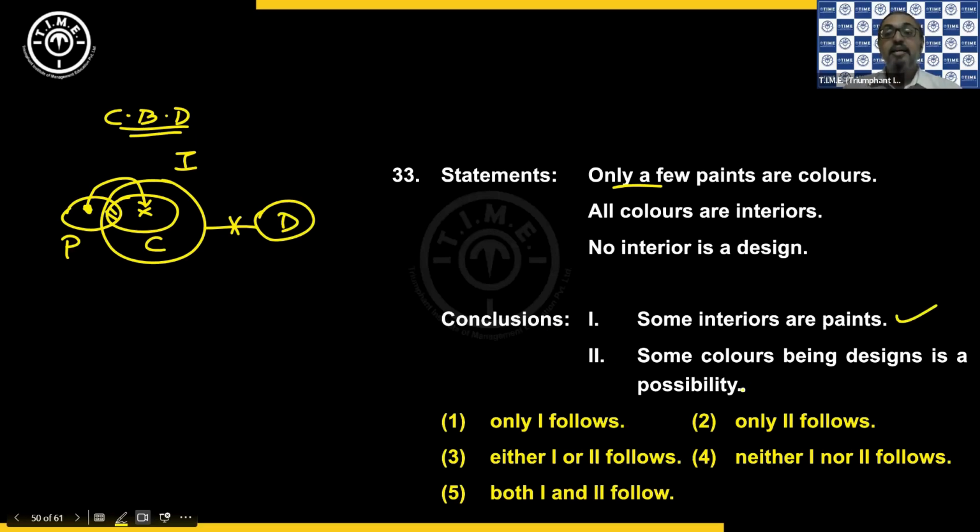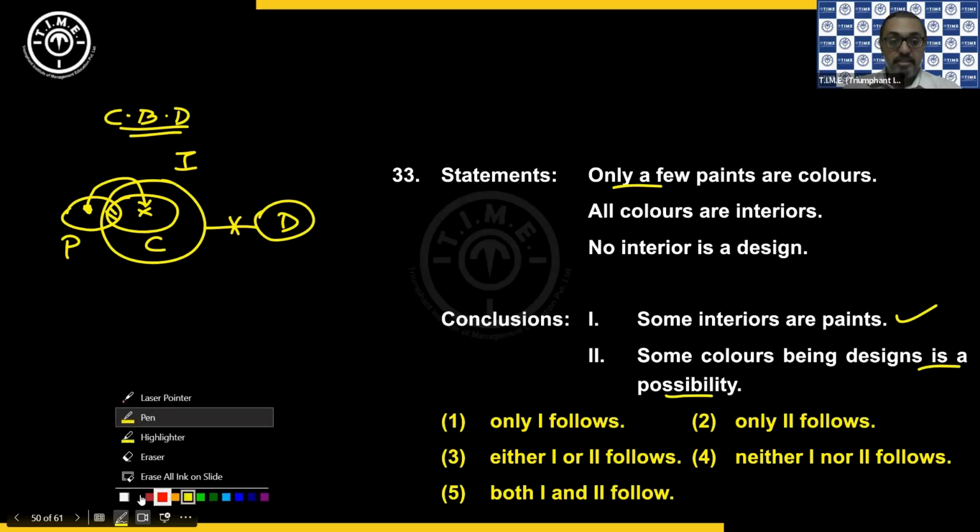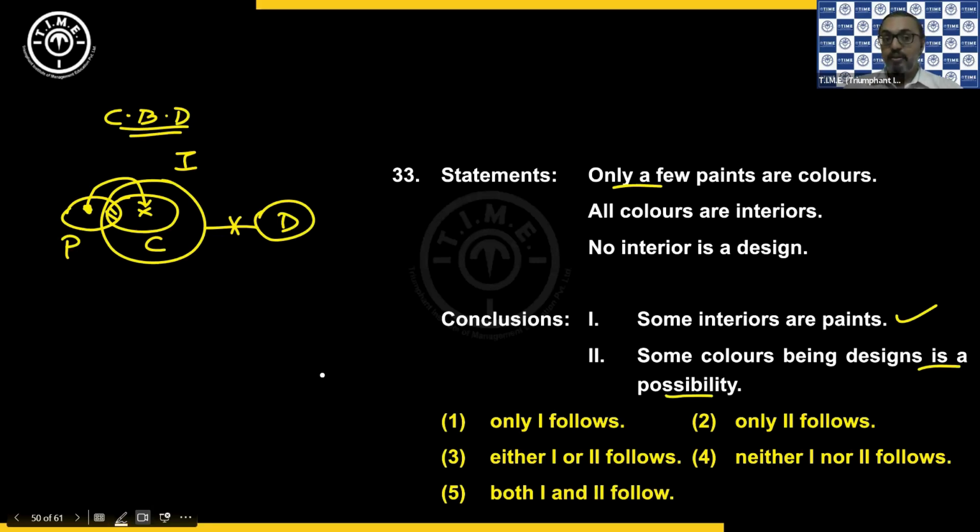Now the second one says some colors being designs is a possibility. So some colors being designs, is it possible? Okay, so you have the color circle completely inside the I circle. Now if colors and designs have to overlap, because he is definitely saying it is some, and some means partial overlap, the design circle should first enter inside the I circle, the interior circle.